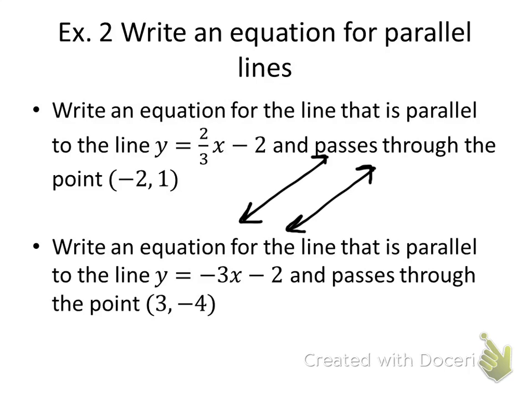So, write an equation for a line that's parallel. First of all, the thing that you have to know about parallel lines is they have the exact same slope. I can always know that a line is going to be parallel if they have the same slope. So, somewhere on your notes, write down parallel lines have the same slope.